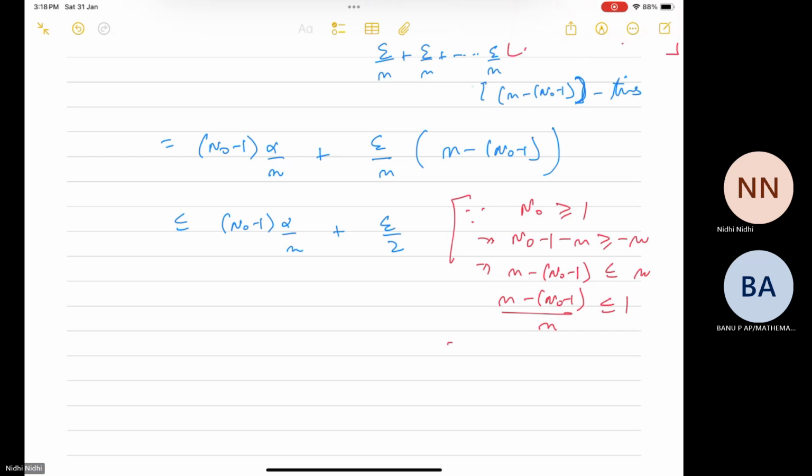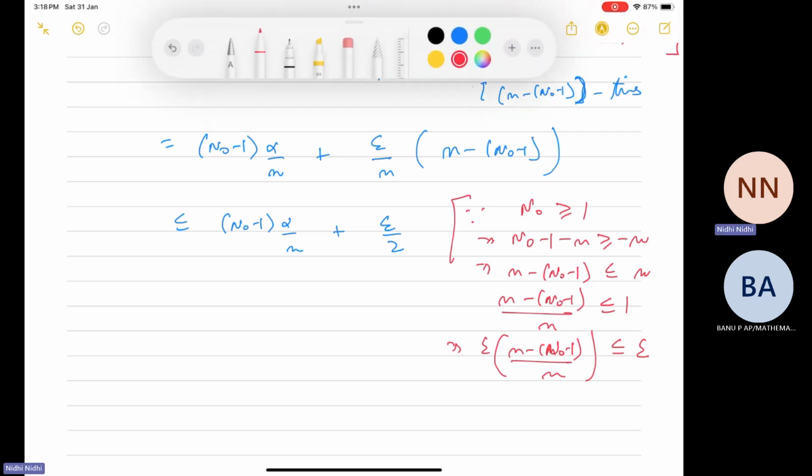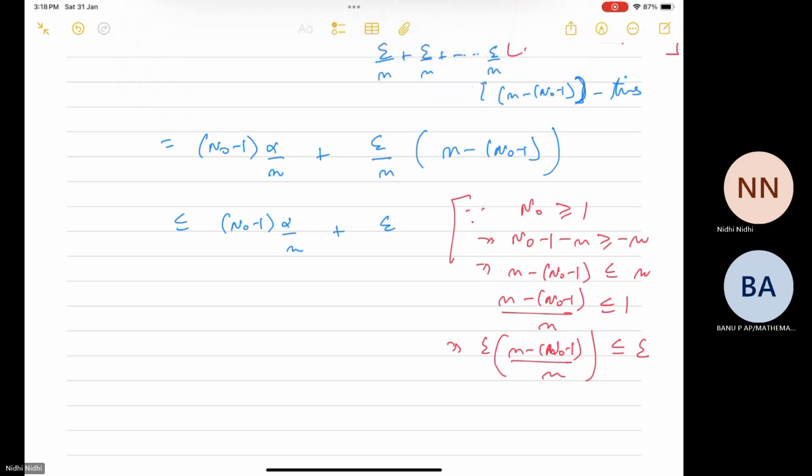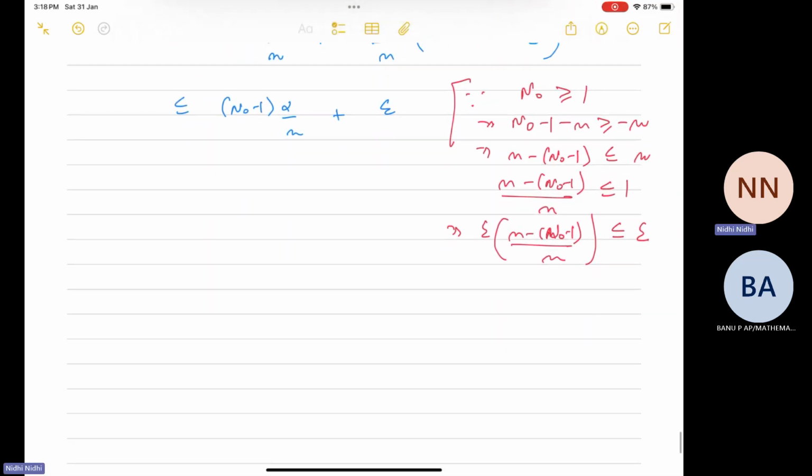So multiplying it by epsilon, n naught minus 1 by n, this will be less than or equal to epsilon. Okay, this is less than epsilon.